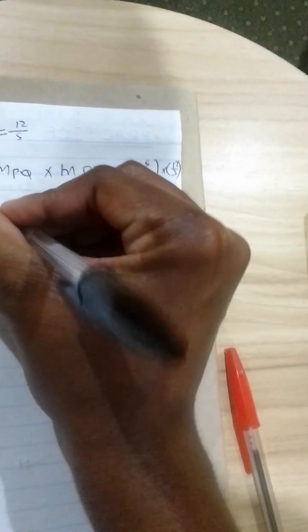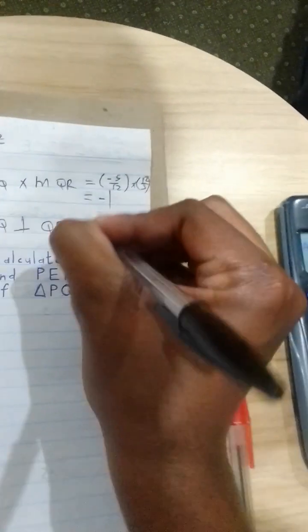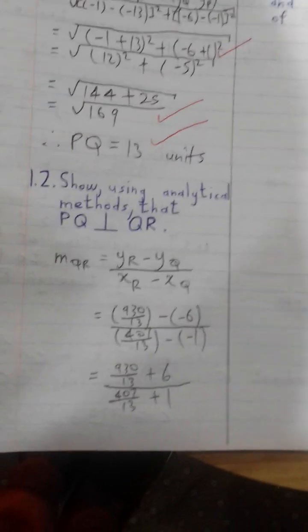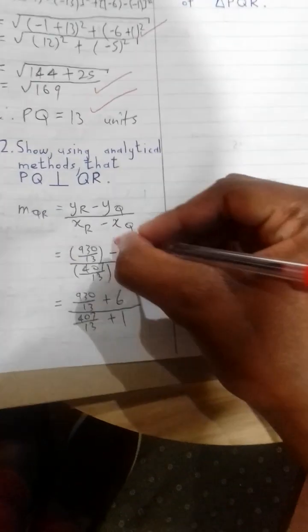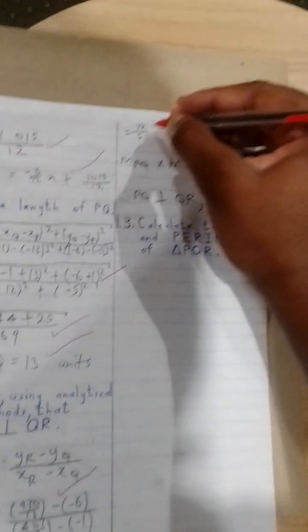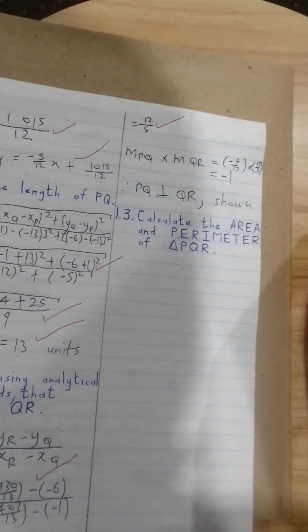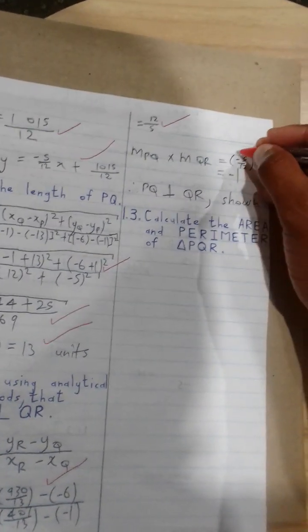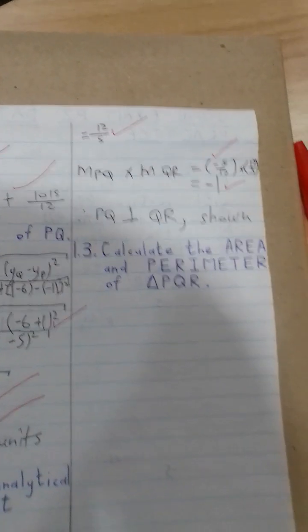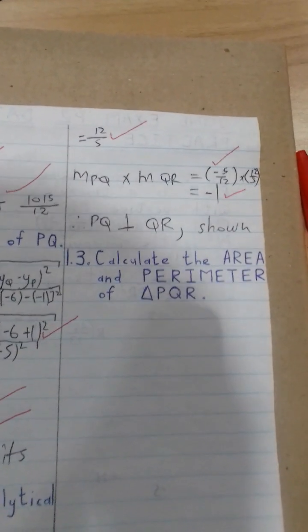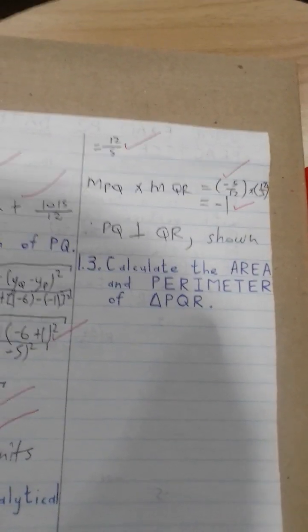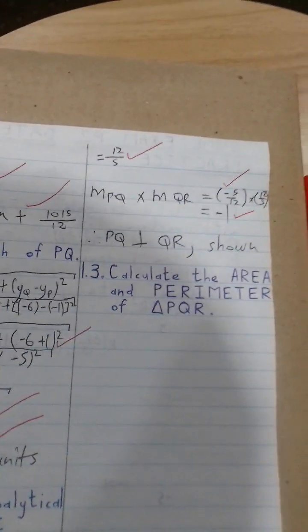Therefore, PQ is perpendicular to QR. Shown. Here you would have gotten a mark for substitution, the answer, and then proving that the product of the gradients is equal to negative 1. Hope that is clear and that it makes sense.